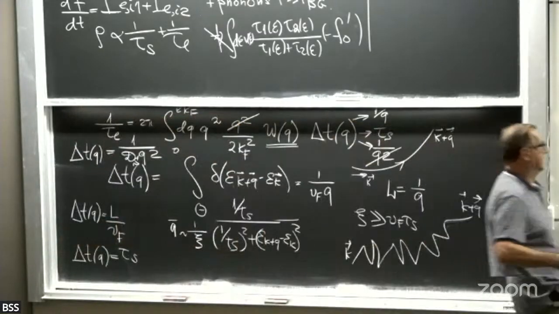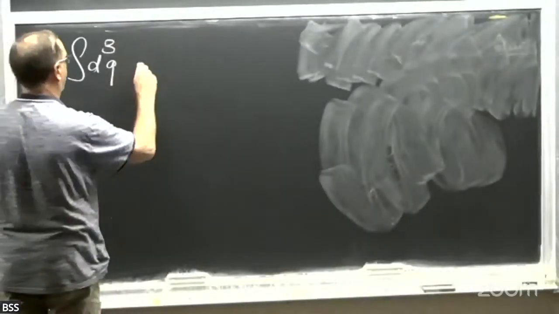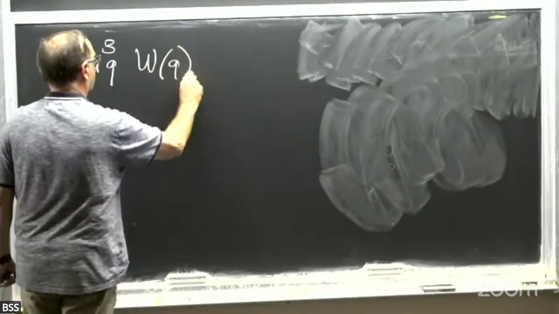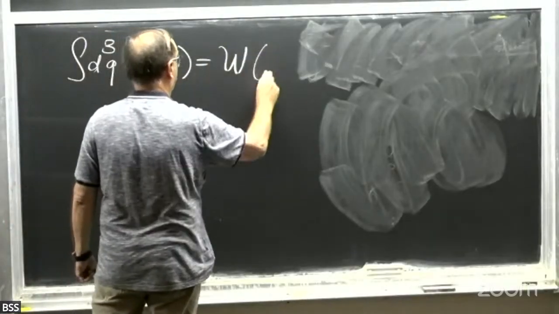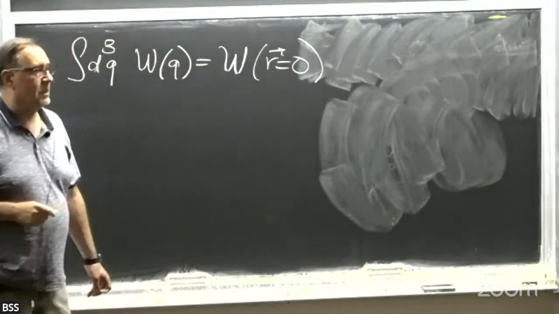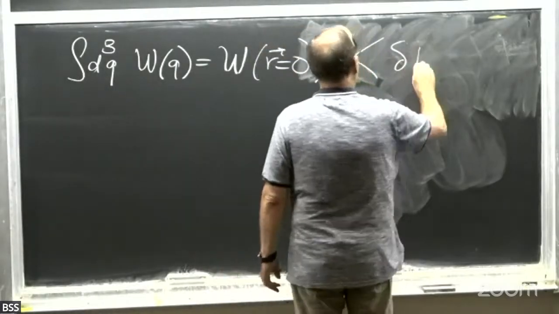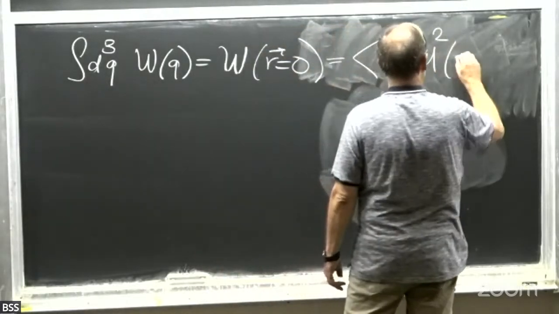The integral over three-dimensional space of the correlation function is nothing more than the same correlation function in real space, taken at r equal to 0, which is the RMS fluctuation of the order parameter, let's say, magnetization.